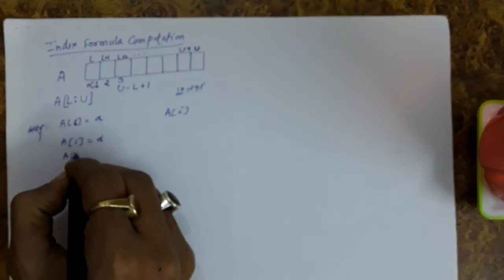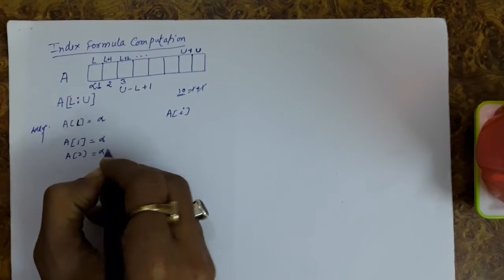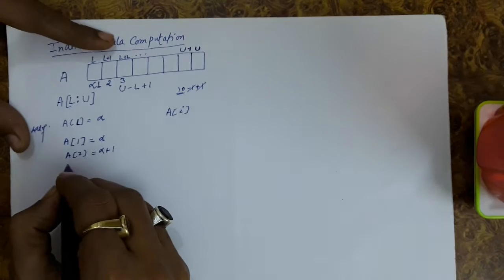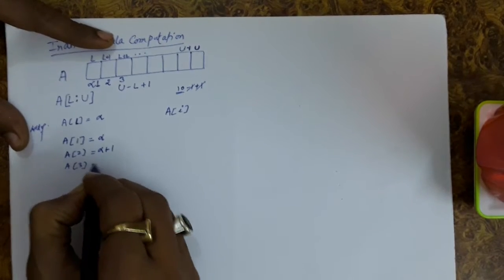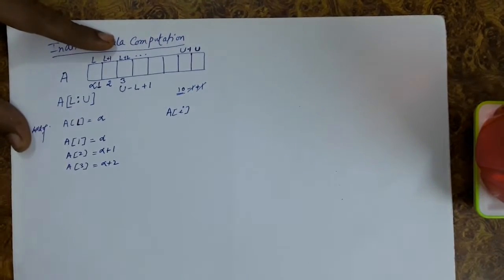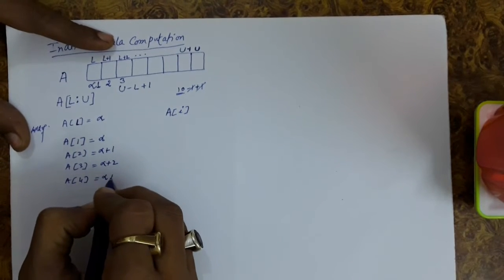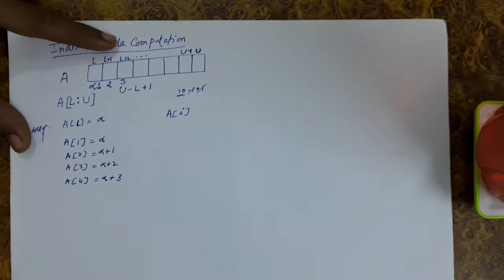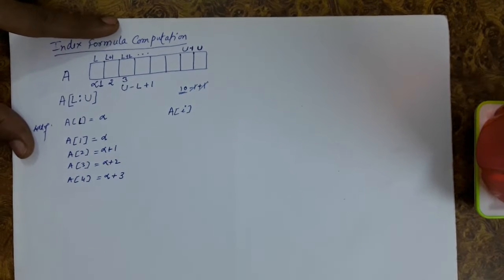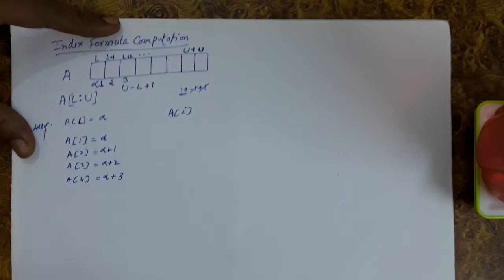The address of the second element in this case will be alpha plus 1. The address of the third element will be alpha plus 2. The address of the next element will be alpha plus 3. Now about the address also, we have taken an assumption that every element requires only a single byte for the storage.